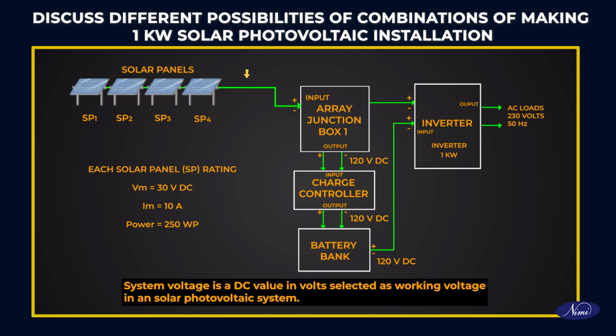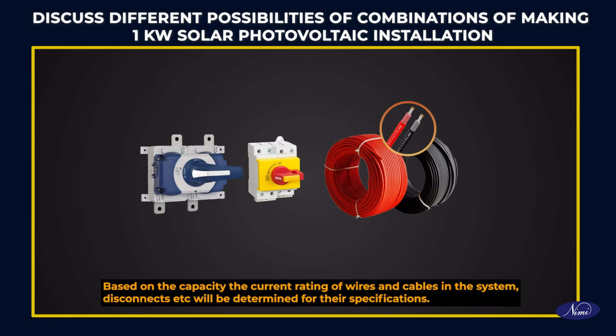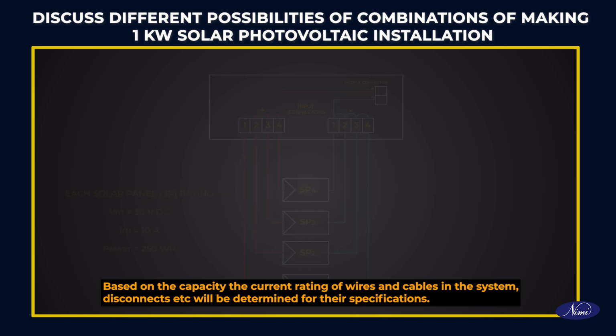System voltage is a DC value in volts selected as working voltage in a solar photovoltaic system. It also depends upon total capacity of the solar photovoltaic plant, 1 kilowatt. Based on the capacity, the current rating of wires and cables in the system, disconnects, etc. will be determined for their specifications.